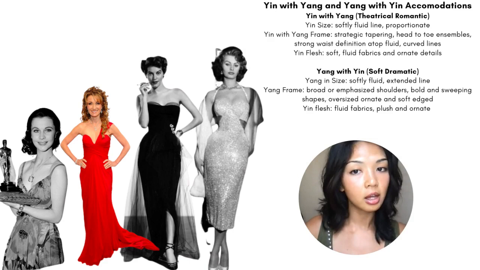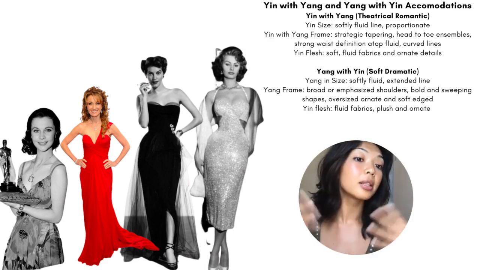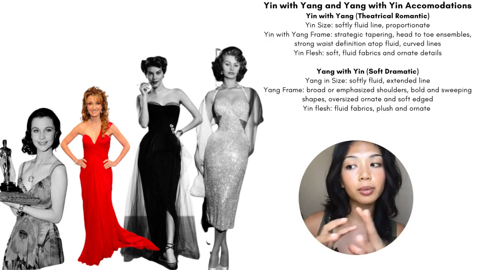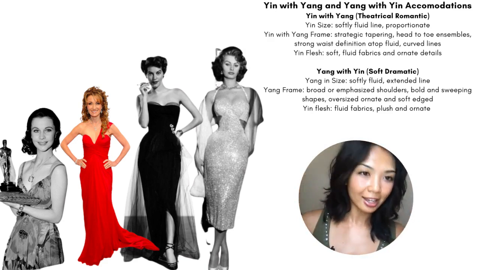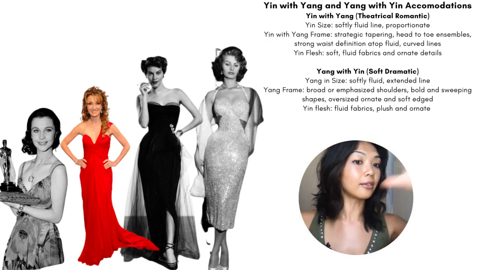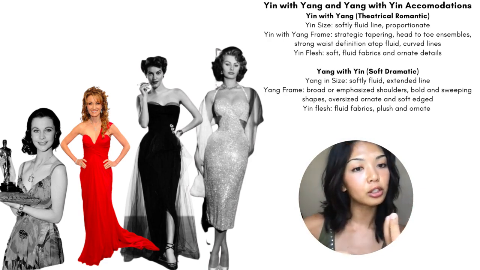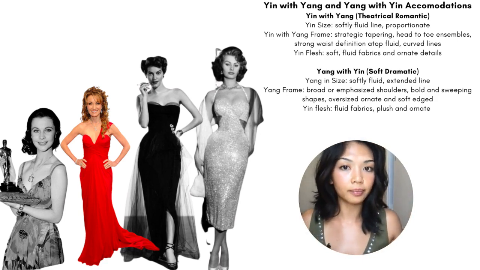In terms of accommodating the flesh, you want more fluid fabrics, plush fabrics. So plush fabrics are a little bit thicker, more fuzzy. They can handle this more than romantics because of their size. They don't get overwhelmed as much with these slightly thicker kinds of soft fabrics because they are proportionally bigger.